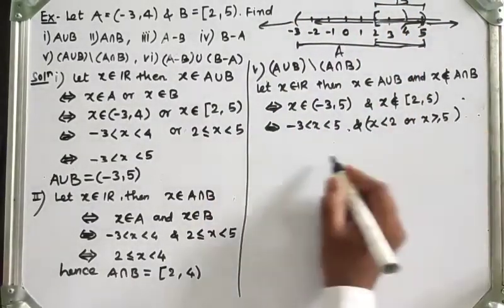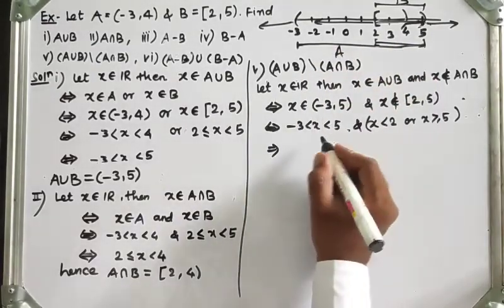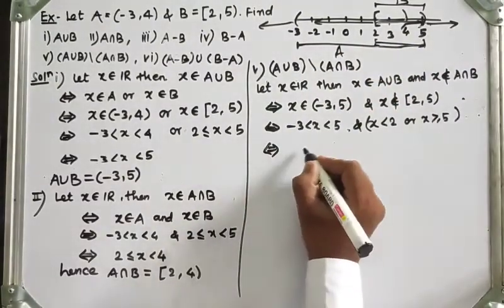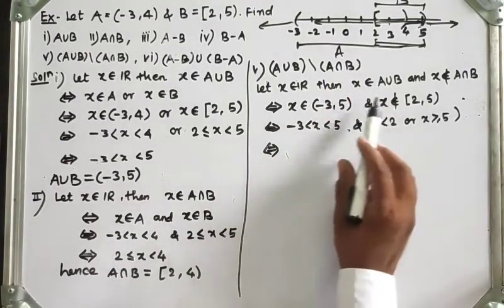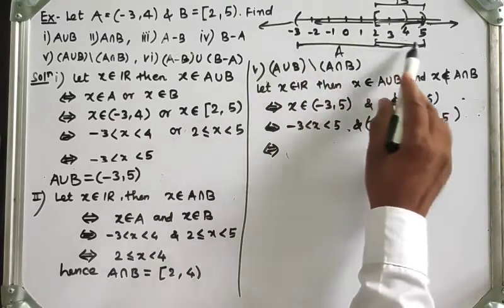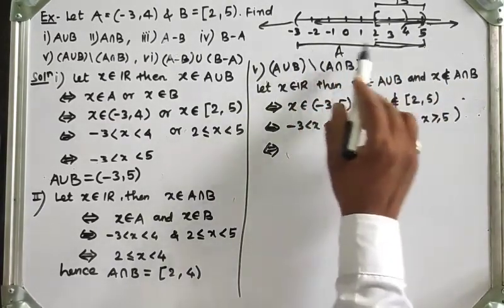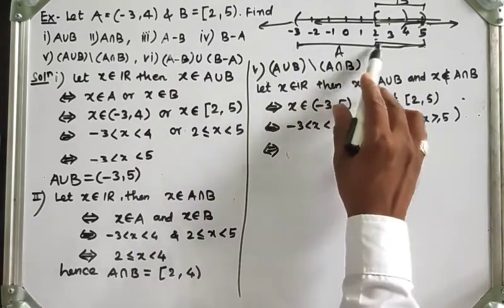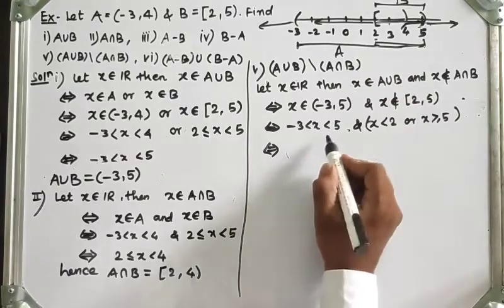Which implies strictly less than 2. This means the set of all points x that belong to A union B, which is not in A intersection B, which is 2 to 5.